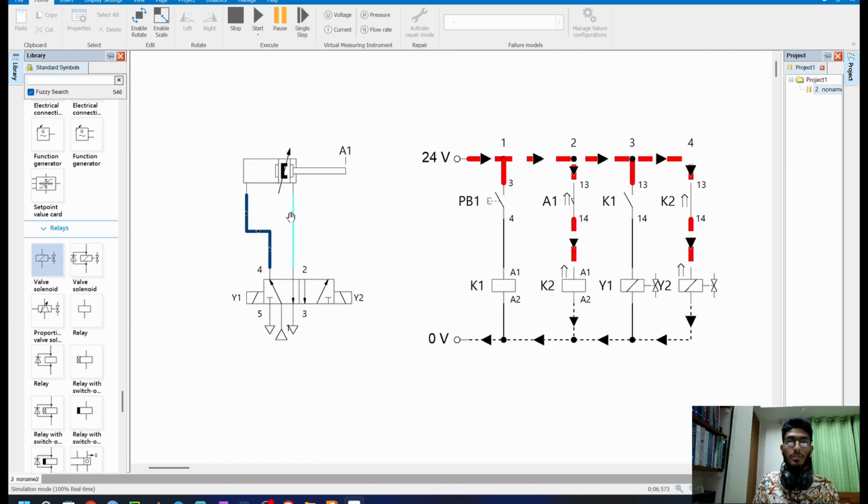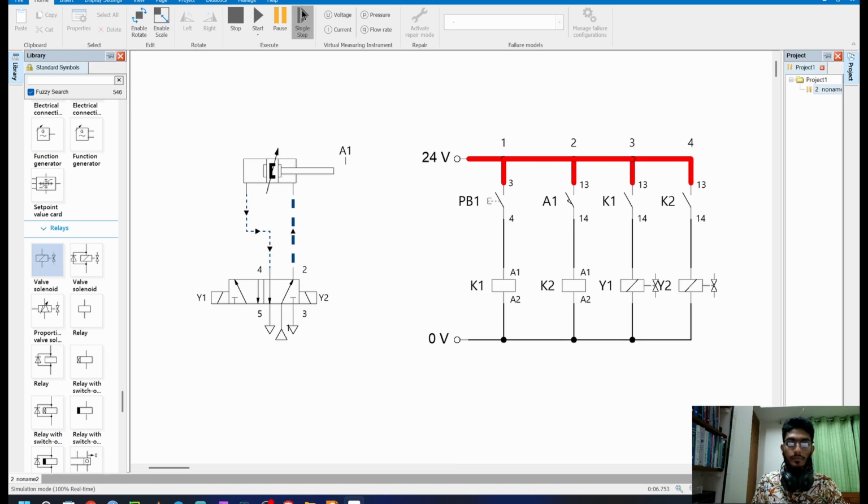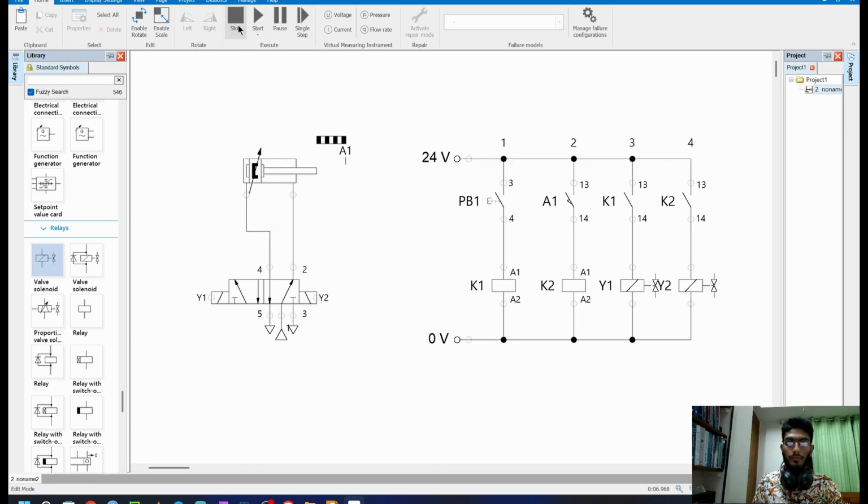And when the A1 position is reached, this limit switch is closed and the K2 relay will get energized. This limit switch, which is sensing K2, will get closed also, and the Y2 solenoid will get magnetized, and the right side of this 5 by 2 DCV will actuate. See, it works perfectly. Now let's move to the next problem.